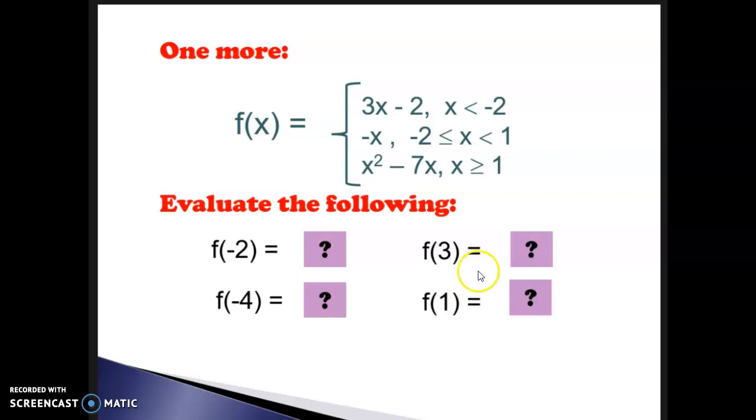Hopefully you chose the bottom equation to plug it into because it's when x is greater than or equal to 1. Since x is equal to 1, we want to plug it into that third one. 1 squared is 1, minus 7 times 1 is negative 7, so 1 minus 7 would be negative 6. That's what you would get for that last one.